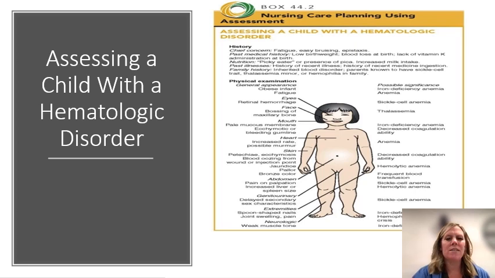So looking at the past medical history, you want to take a look. These kids generally tend to be low birth weight or have an excessive amount of blood loss at birth, right? That's why we always take a look at the EBL when they're postpartum. A lot of blood loss at birth can kind of cause these babies to have hematological disorders in the future.